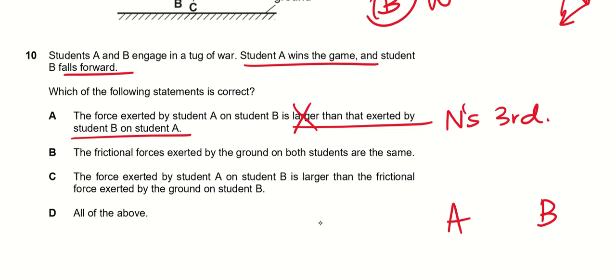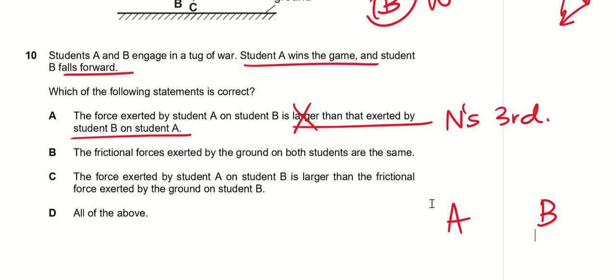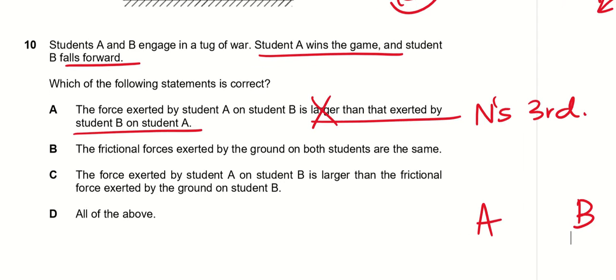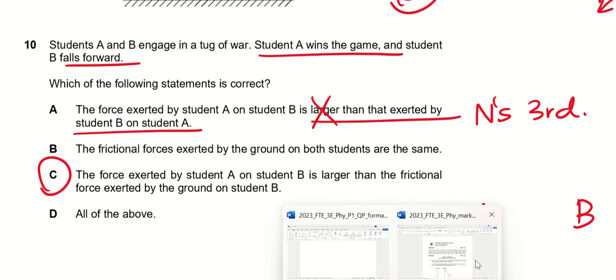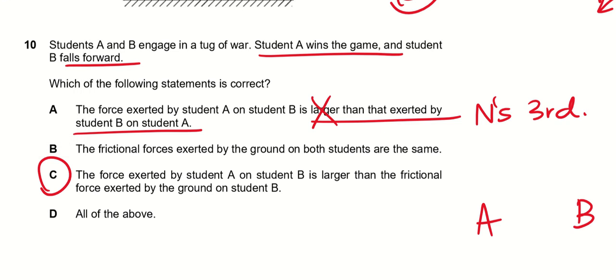Because when they do tug of war, their feet are always rubbing against the floor. So the force exerted by A on B is actually larger than the frictional force on student B. So the answer is actually C.